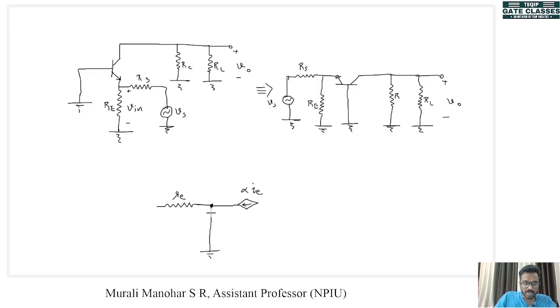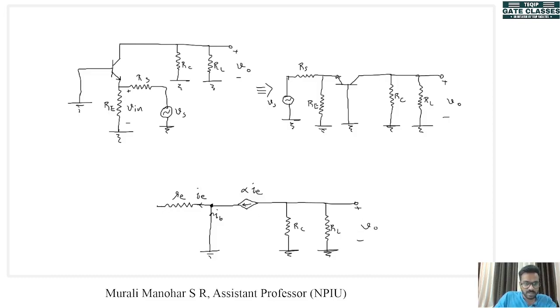Here we have base current IB and emitter current IE. This collector is connected to RC, which is in parallel with RL.